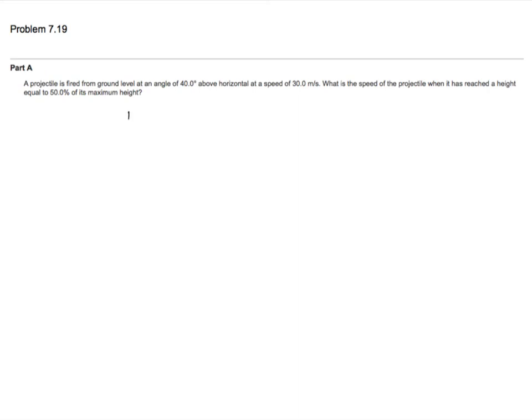So the energy that we have is 1/2 mass times v naught y squared, and we're going to take half of this to be equal to the kinetic energy that it has at the halfway point. So half of this energy went into potential and half of it goes into kinetic at that halfway point.